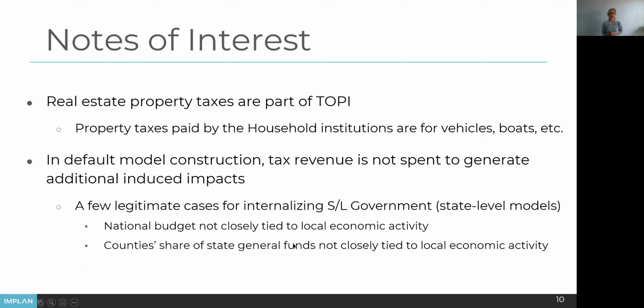All right. And then also wanted to point out that in the default model construction, where households are the only institution that are internalized in IMPLAN, tax revenue is not spent and does not generate additional induced impacts. What that means is, when you run an impact in IMPLAN, you're going to go to your impact results and you're going to see all the taxes that are collected, at the federal, state, and local level. Those are part of your impacts.